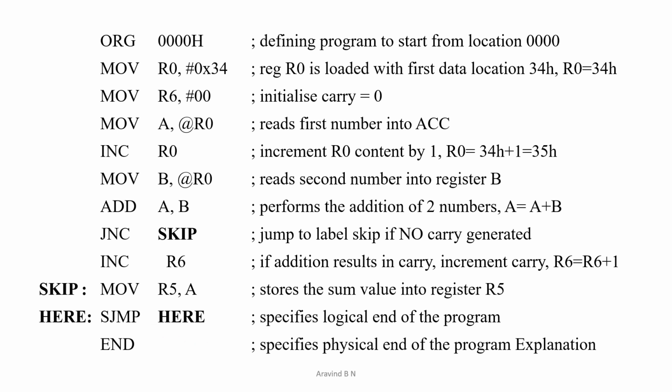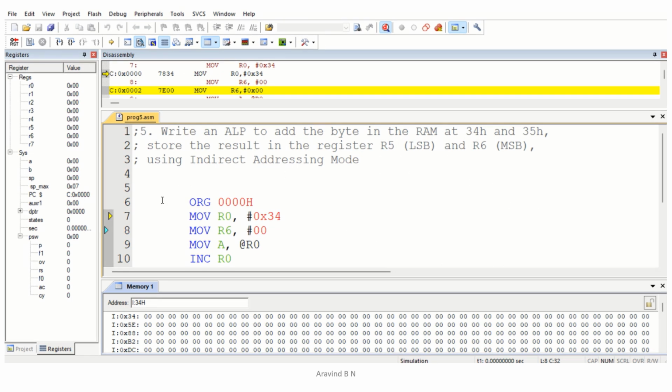Let us go through the simulation of this program. In the simulation, here is the program. I have built the program and now it is ready for execution. From this point we are doing the execution. First let us store two values to the memory locations 0x34 and 35. Here is the memory location.